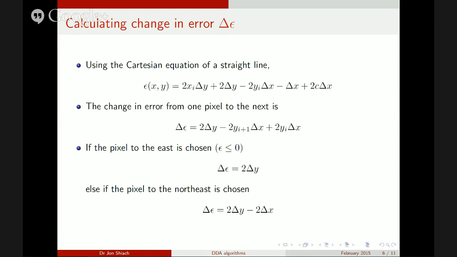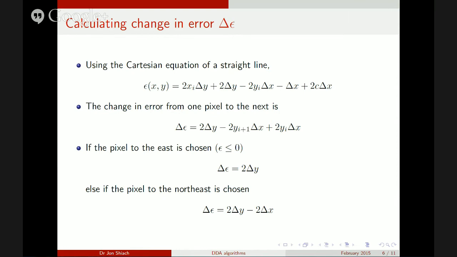xi is known because that's the coordinate I've just shaded. Delta y and delta x are constant because they're calculated from the start and end point of a line. c is actually going to disappear in a minute, but that's the point where the straight line crosses the y-axis.